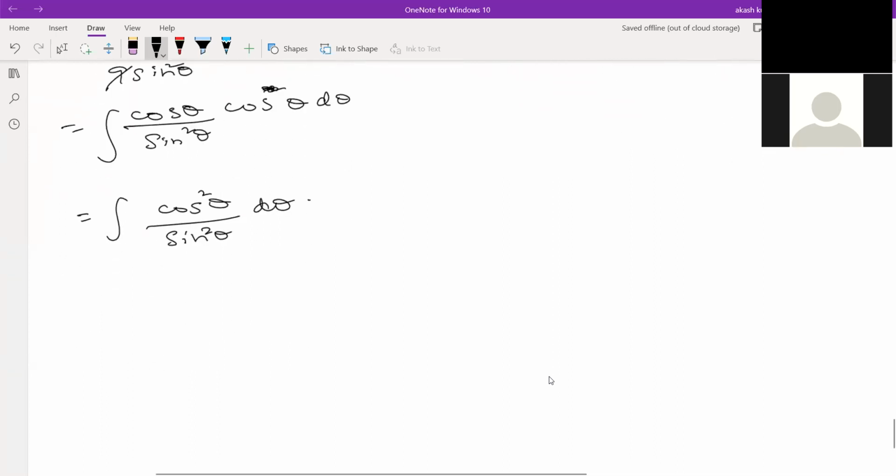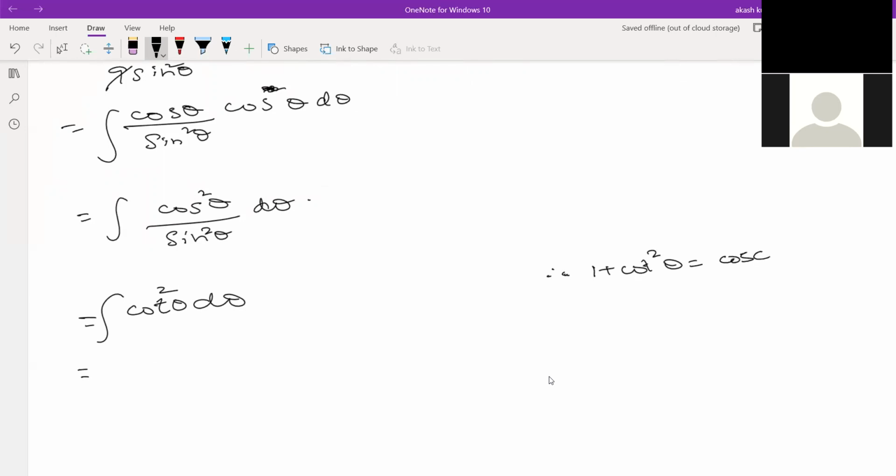And we know that cos over sine is equal to cot theta, and there's a square, so it becomes cot square theta d theta. There is another identity: 1 plus cot square theta is equal to cosec square theta. So cot square theta will be cosec square theta minus 1.